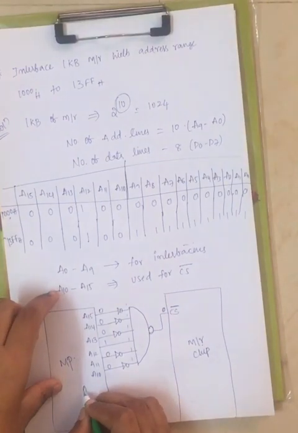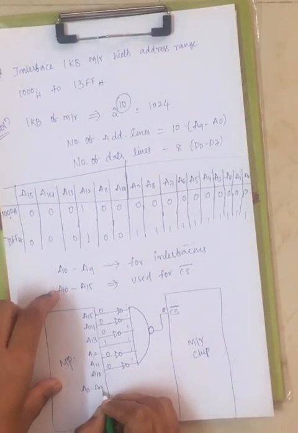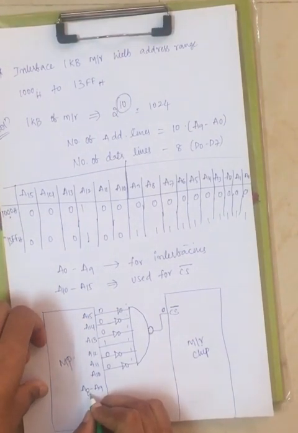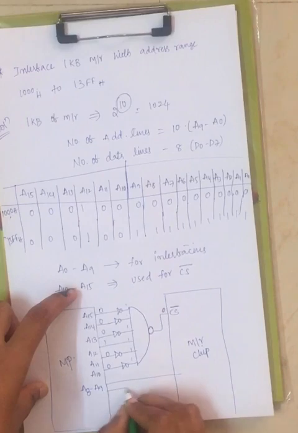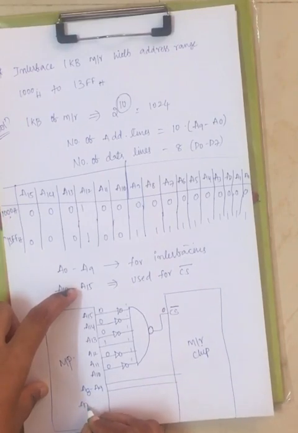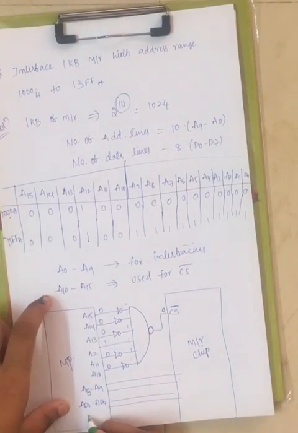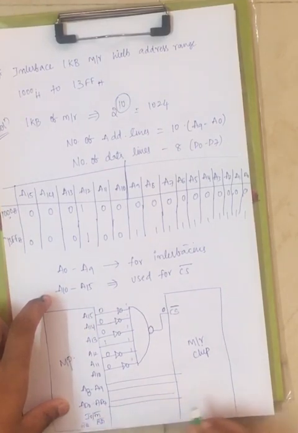And next, A0 to A9 are connected. Now we have the multiplexed AD0 to AD7, which are connected to the memory chip. And next we have IO/memory bar, the read signal and the write signal.